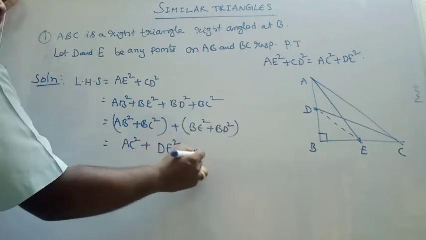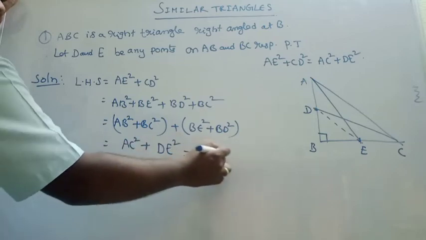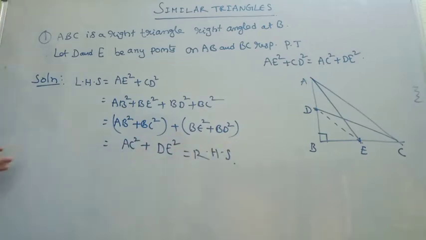Such a beautiful way we have got the right hand side part. We took the left hand side part and got the right hand side part. In this nice way we get this particular problem.